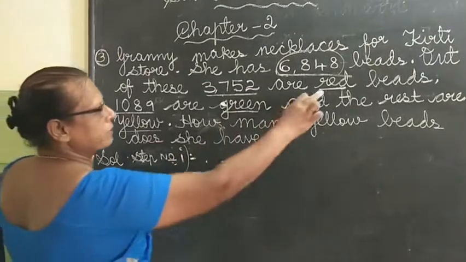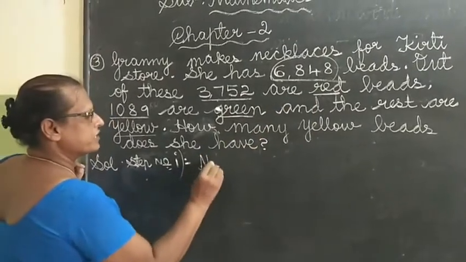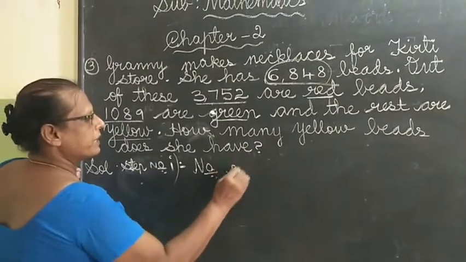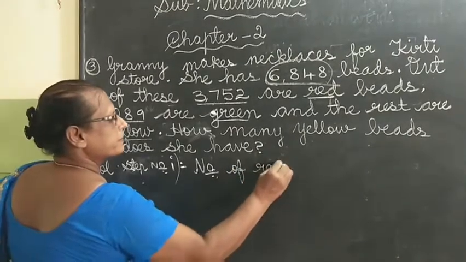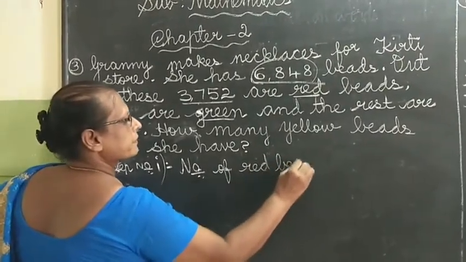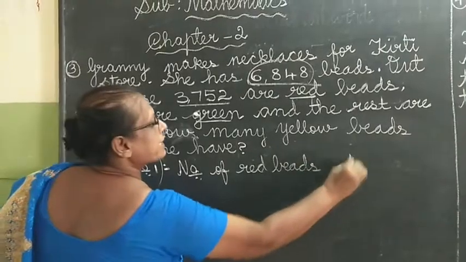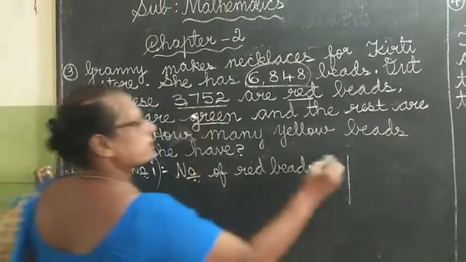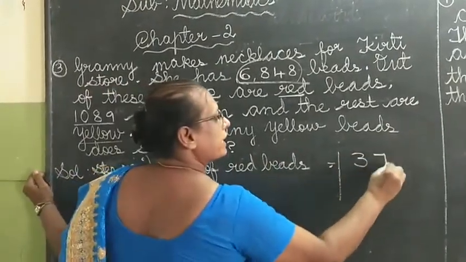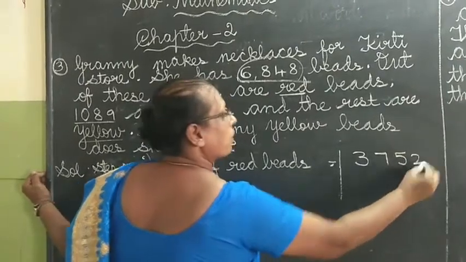So first, number of red beads, how much is there, children? 3,752. Okay.